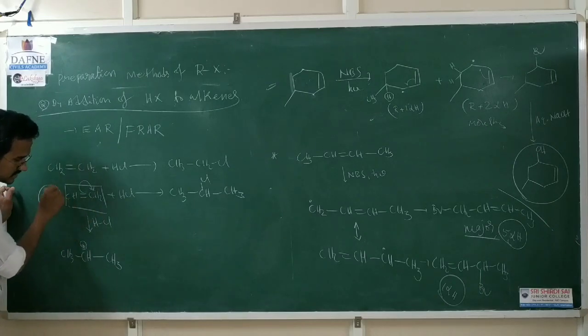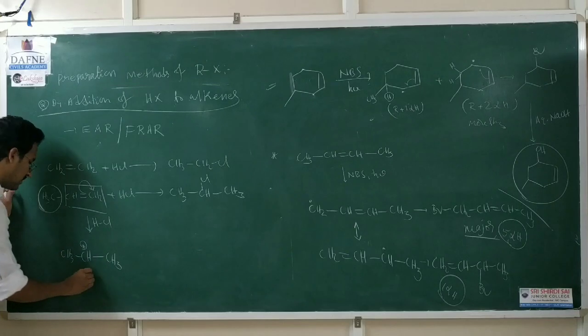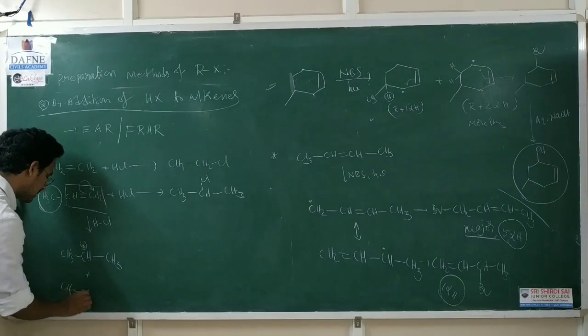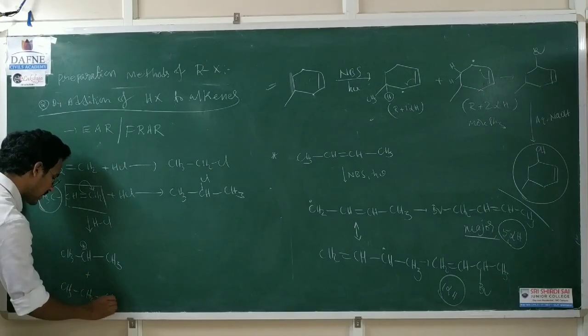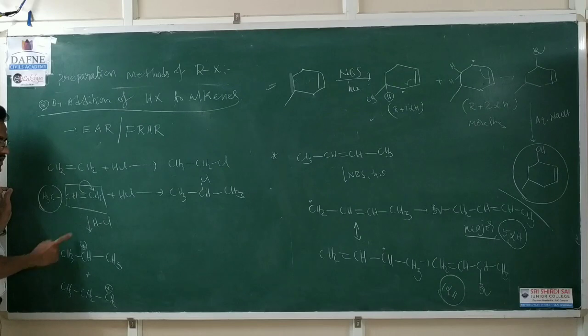If the protonation takes place on the other carbon, we need the primary carbocation, CH3CH2CH2 plus. Between these two, which is most stable? The secondary carbocation is most stable. That's why H plus attacks this carbon.